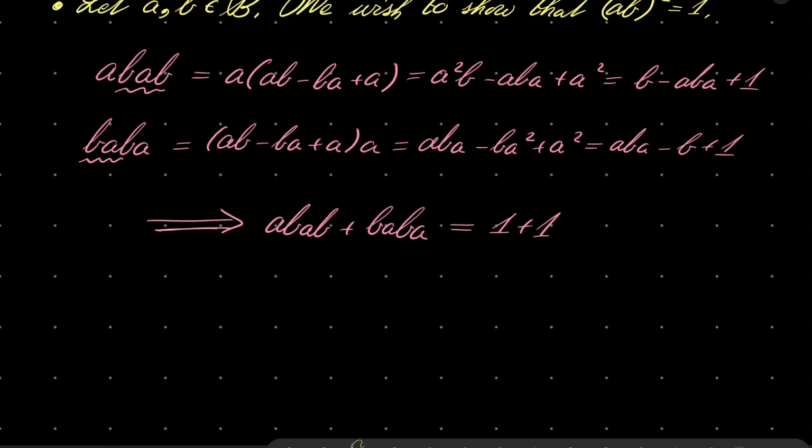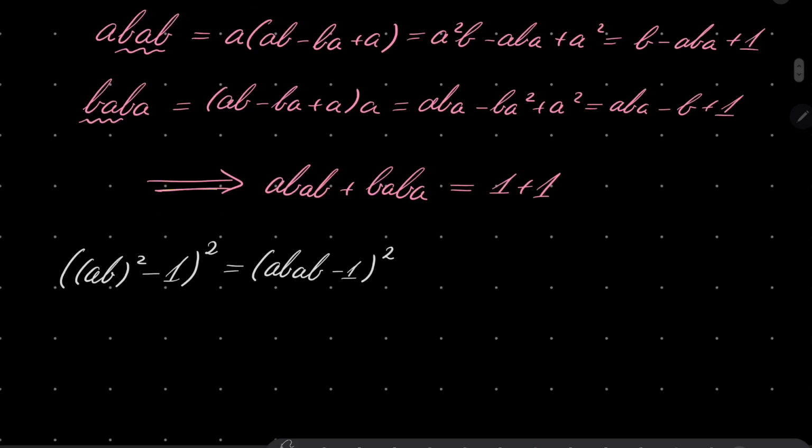Now, I wish also to consider just AB squared minus 1, AB squared minus 1 squared. So it's AB minus 1, quantity squared. Once again, here we have our part BAB.